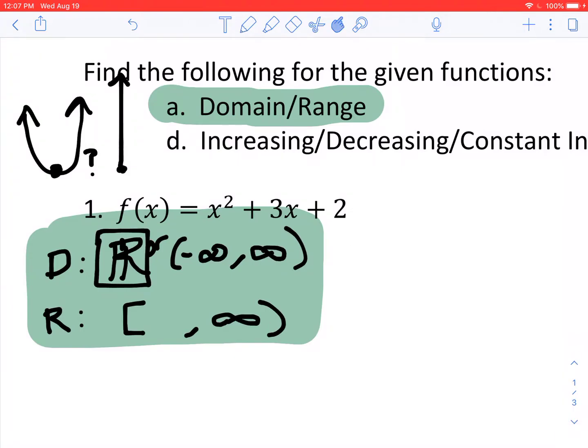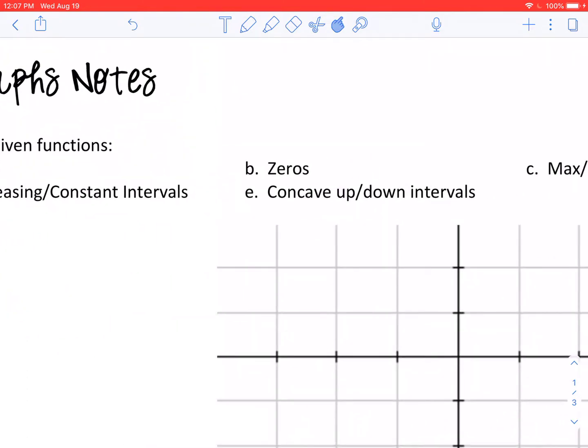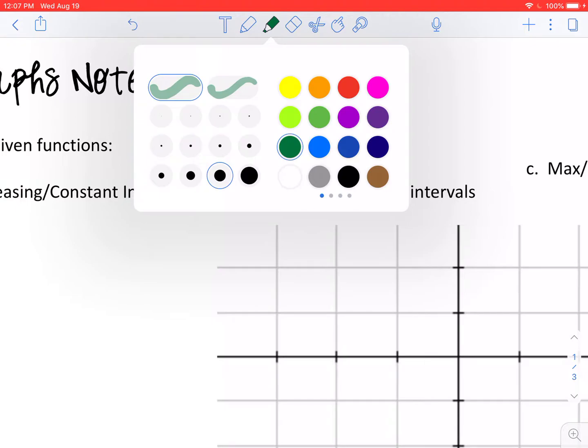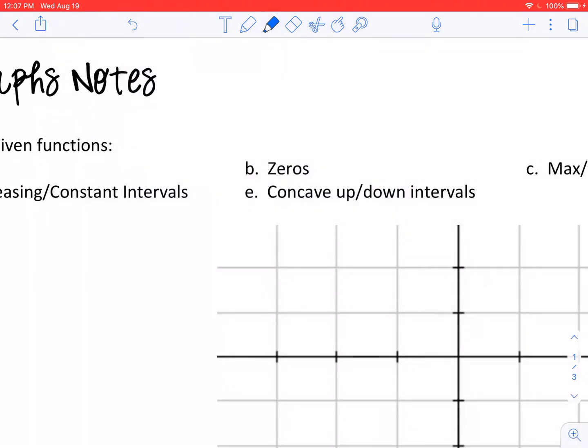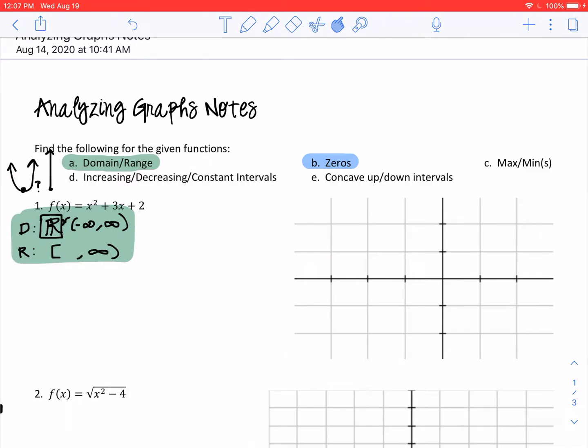For now, let's move on to the zeros of this function. So let's see if we can find the zeros here. Now the zeros of a function visually are the x-intercepts. But how do you find them if you can't visualize it? We don't have the graph to look at here, so we're not quite sure where it crosses the x-axis just yet.